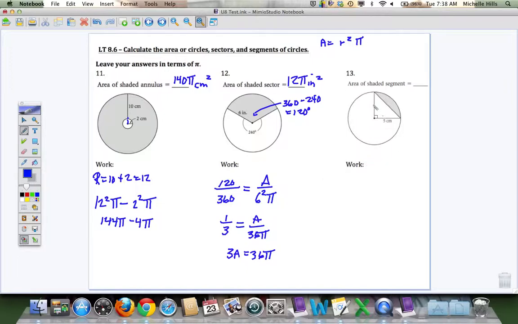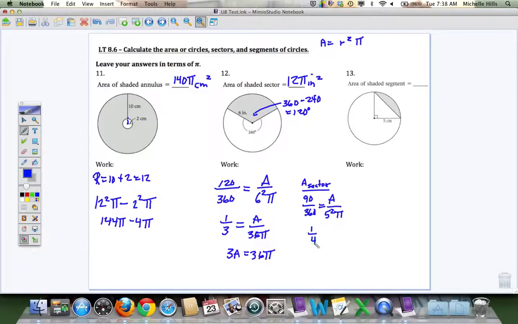When I look at this, I notice that this shaded part really is this sector of a circle, like this one over in 12, but then with this triangle cut out of it. So the area of the sector, using the same kind of work we did over here, this is 90 degrees over the entire 360 equals the area of the sector over the area of the entire circle, which would be radius squared times pi.